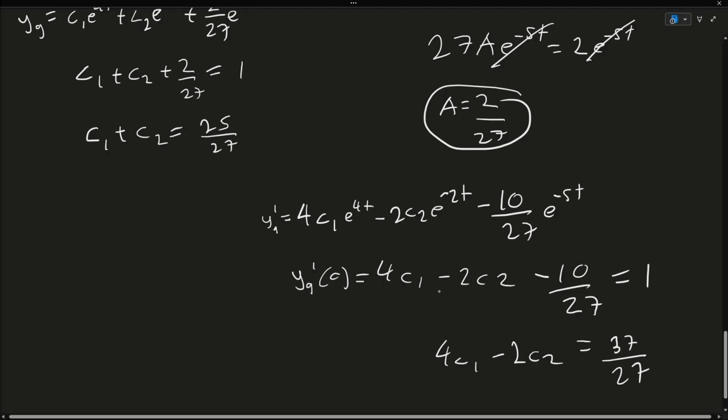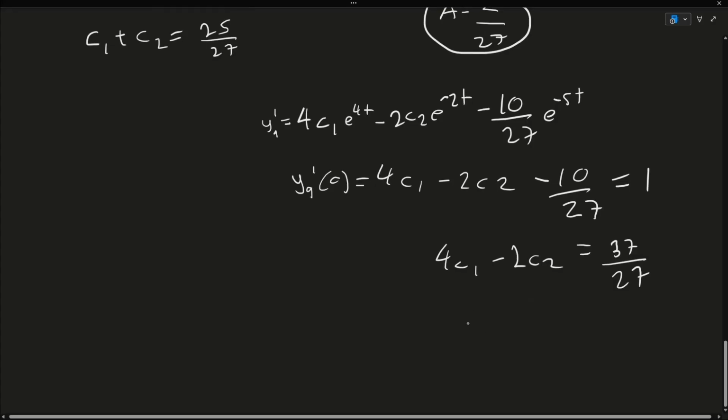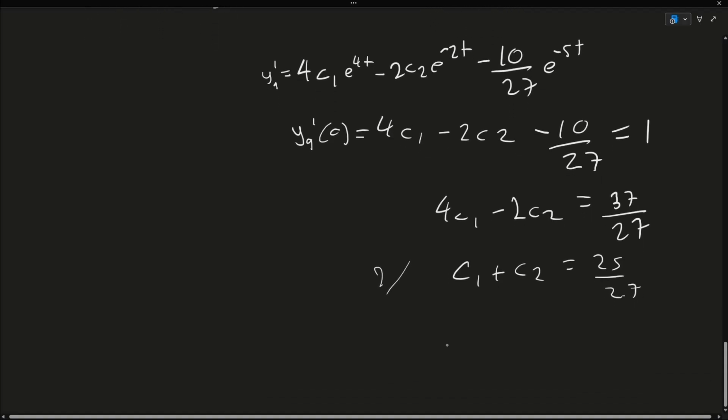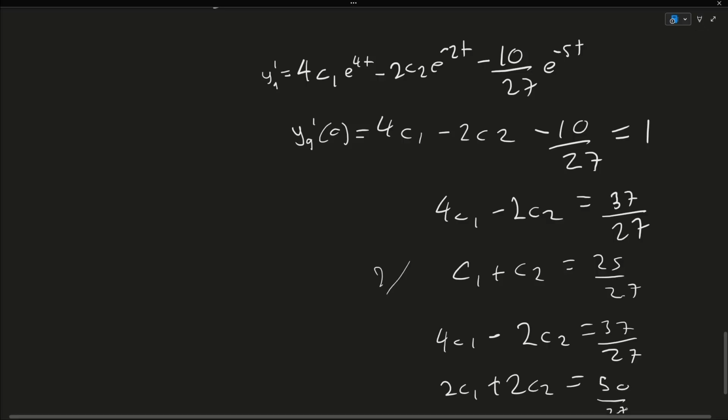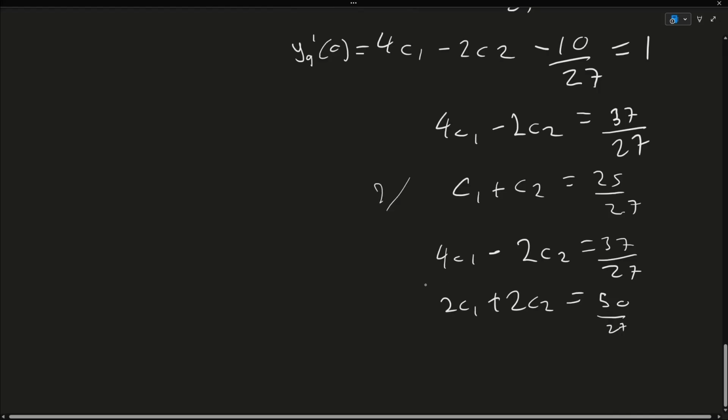Our first equation gave us c1 plus c2 equals 25 over 27. So now let's multiply this equation by 2, which gives 2c1 plus 2c2 equals 50 over 27, and we have 4c1 minus 2c2 equals 37 over 27. If we add these equations together, we will have 6c1 equals 87 over 27, because we get rid of c2.